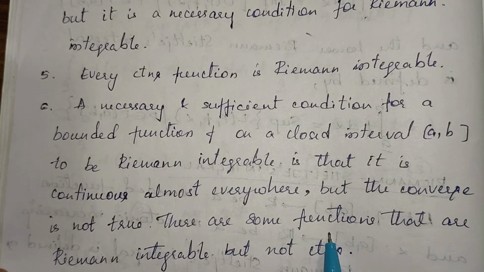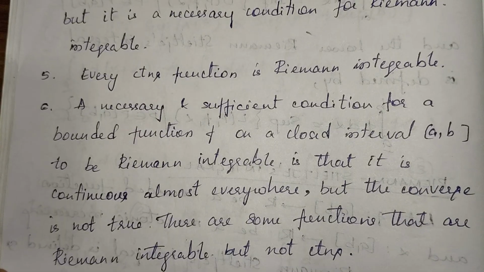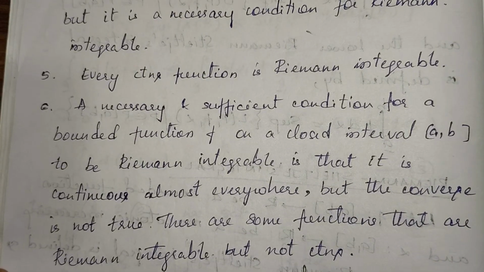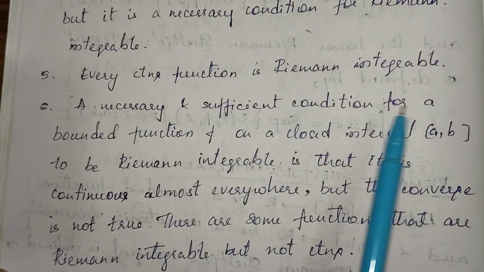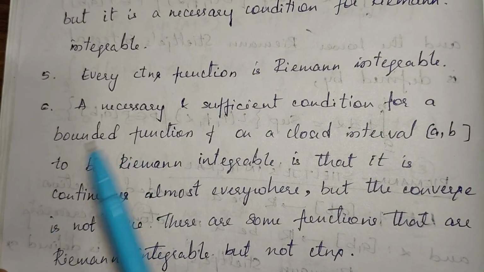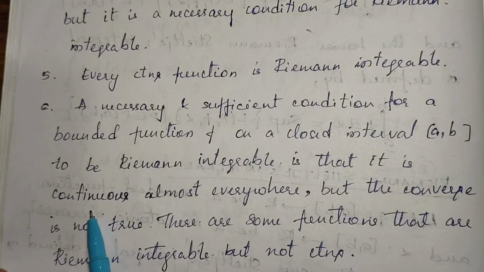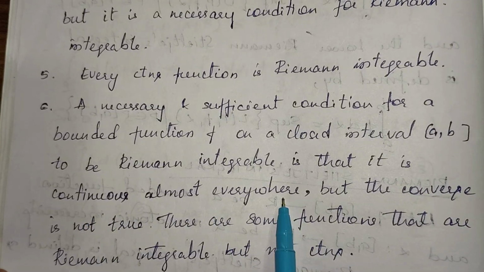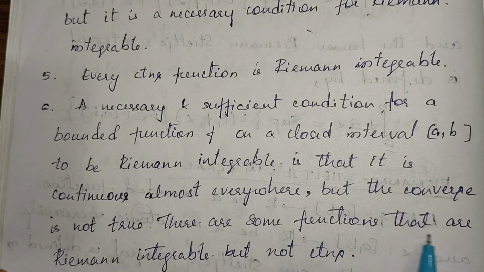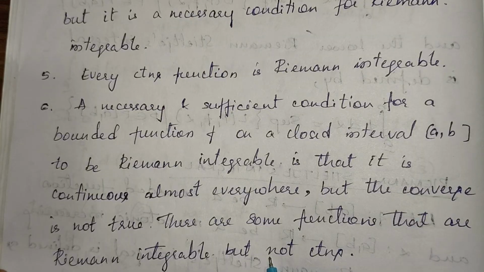There are some functions that are Riemann integrable but not continuous. So a necessary and sufficient condition for a bounded function to become Riemann integrable is that it must be continuous almost everywhere. Still, there are some functions that are Riemann integrable but not continuous.